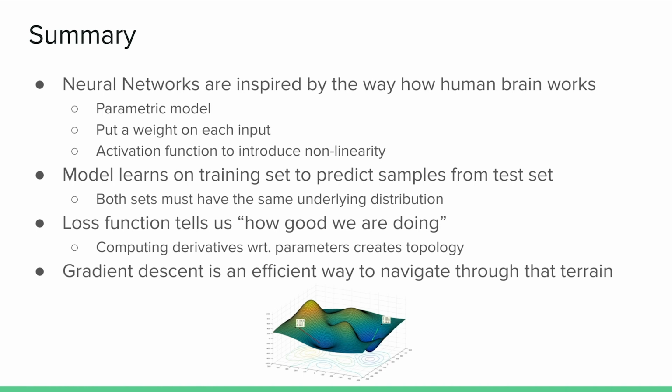So, summing up this basic introduction into neural networks, loss functions, backpropagation, and optimization: neural networks are inspired by the way human brains work. So it's a parametric model. We have our neurons that internally have certain weights, how we take the inputs and what we do with them. Think of the following.